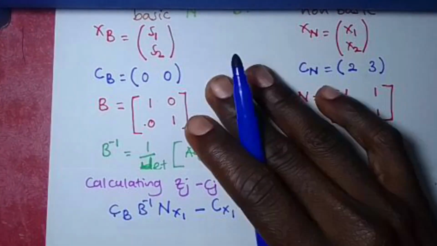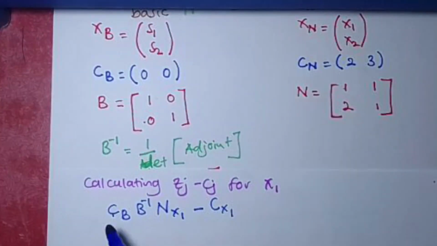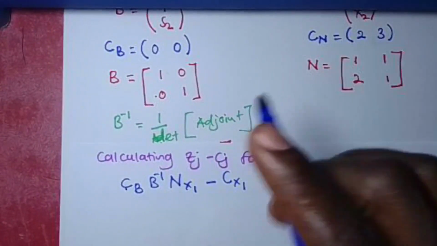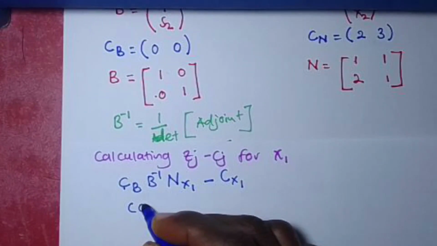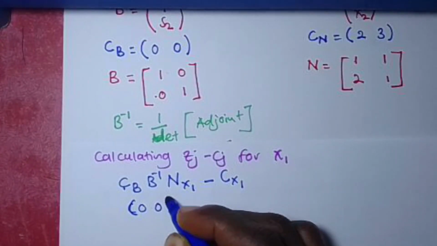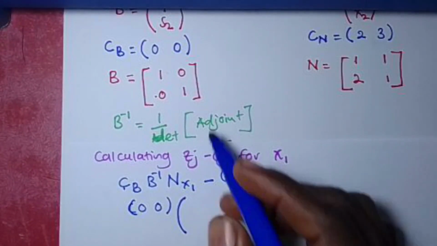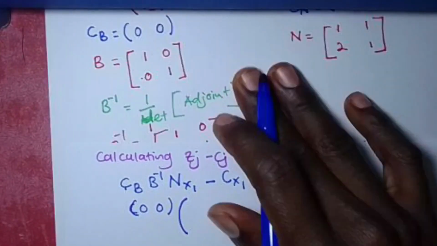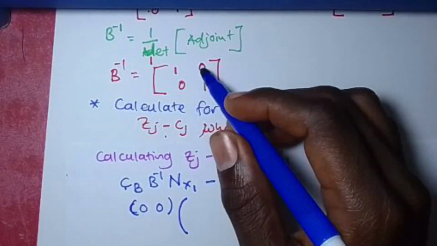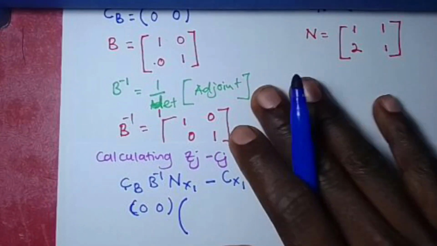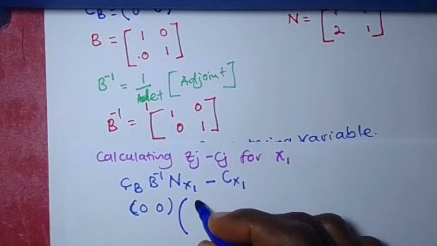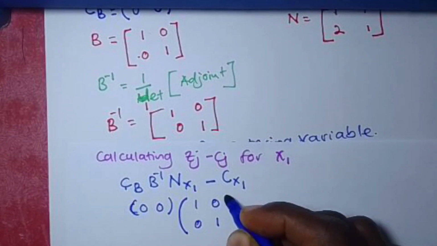Substituting cb from this table, cb is 0 0. Our b inverse is what we calculated here and got as 1 0 0 1.